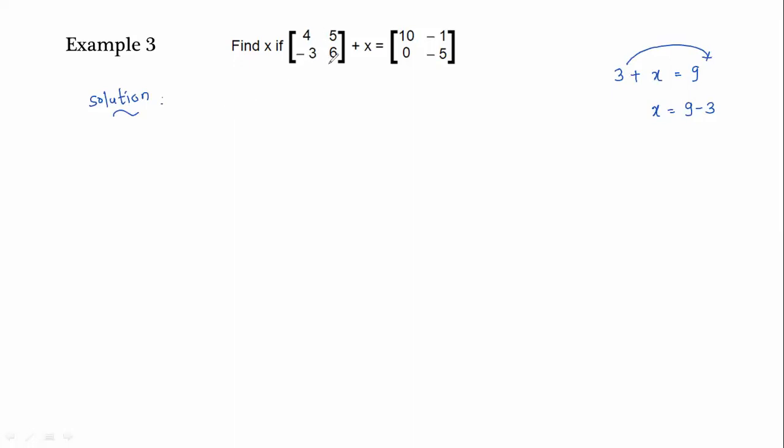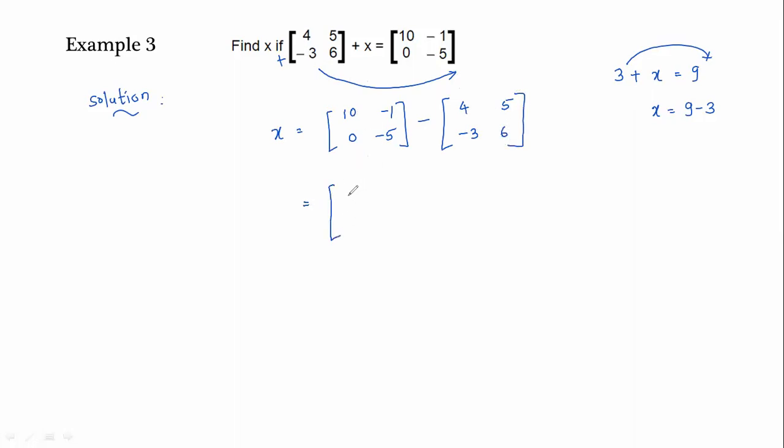So what you can do, you can take this matrix on the RHS side. So what will be X? First matrix: 10, minus 1, 0, minus 5. This is a positive matrix, so if you are taking it to the other side, it will be negative: 4, 5, minus 6, 3. How are we going to subtract?